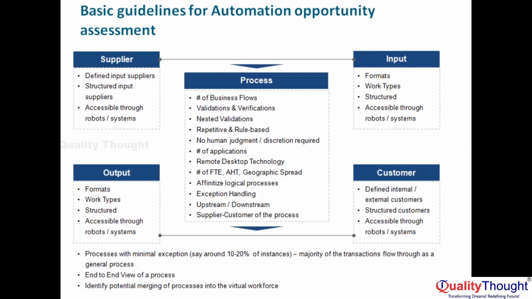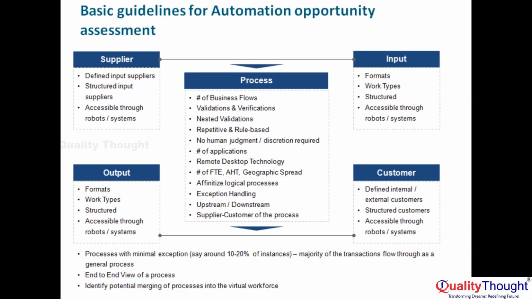And one more point is to identify logical processes. As I said, you have 20 processes in your company. Out of those, for 10 processes, there are 3 steps common. That means log into Windows, log into VPN, log into Outlook. These 3 steps are common for 10 processes.